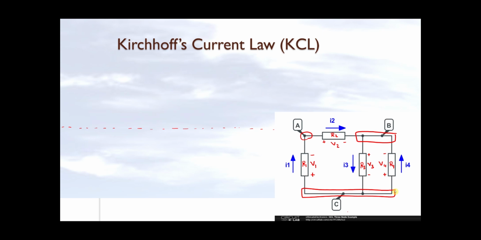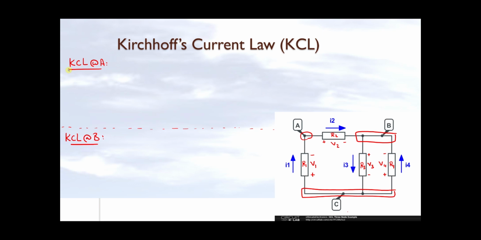Let's pick node A and node B. I'm going to write a KCL at node A, and we'll do the same for node B. Those would be the 2 independent equations that I can get from this circuit.